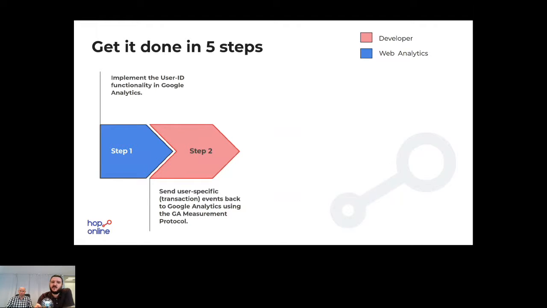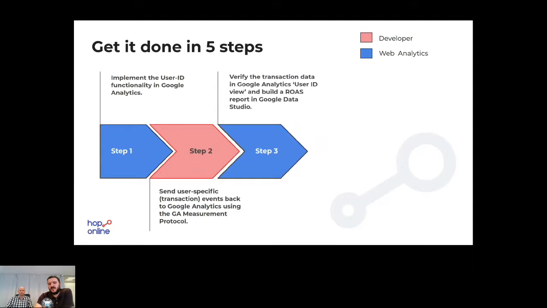And here's where the measurement protocol comes in. It basically sends these HTTP requests. They're almost like loading a page from your backend that sends the data to Google Analytics. So these need to be defined, set up, and executed by a developer.